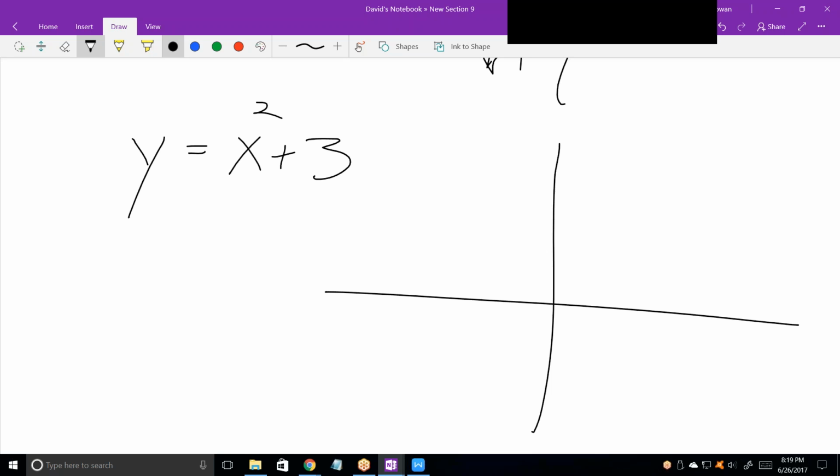Up 3 and then, like... That's the vertex. Now does it open up or does it open down? Open up. Because the coefficient of the x squared term is positive, that's why it opens up. If it were negative, it would open down. What's the domain of that?